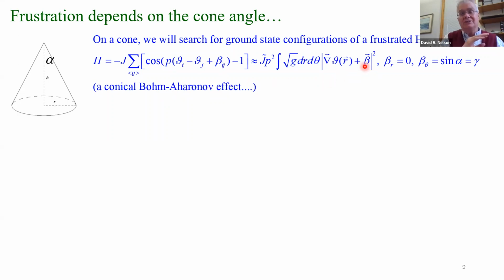It has essentially the analog of a zero curl on the flanks of the cone everywhere except at the apex, but it affects things arbitrarily far down the flanks, just like the Bohm-Aharonov effect can produce interference of electrons going on opposite sides. And the radial component is 0, and here's the component of this vector potential in the theta direction. It's proportional to this frustration parameter gamma.